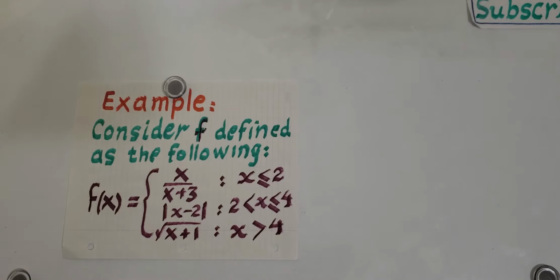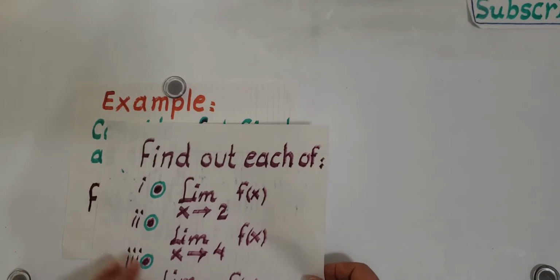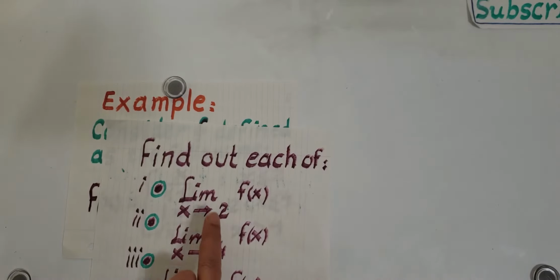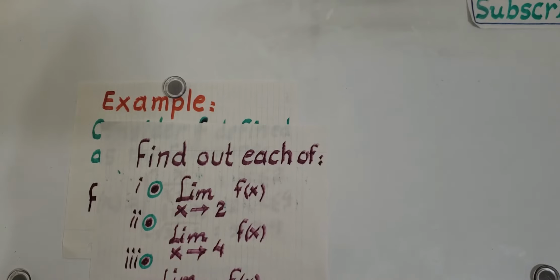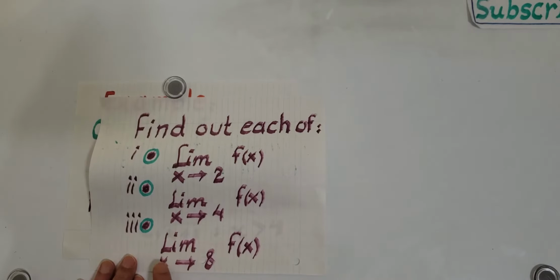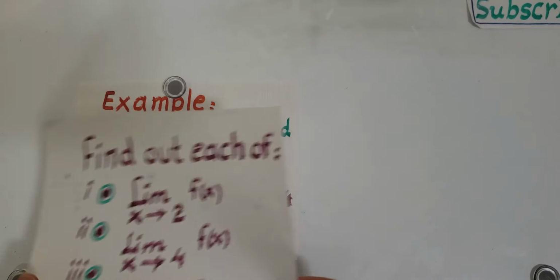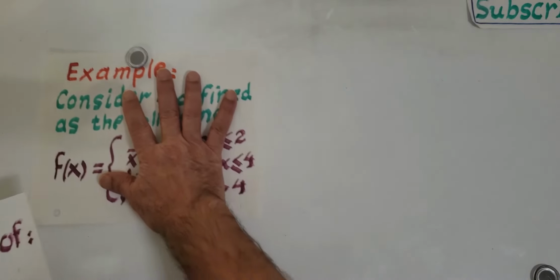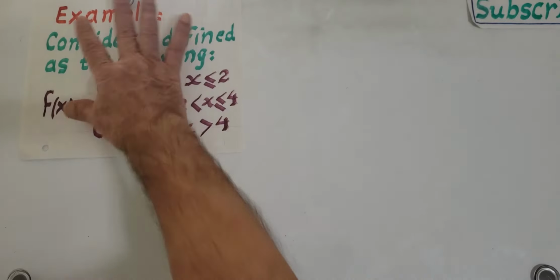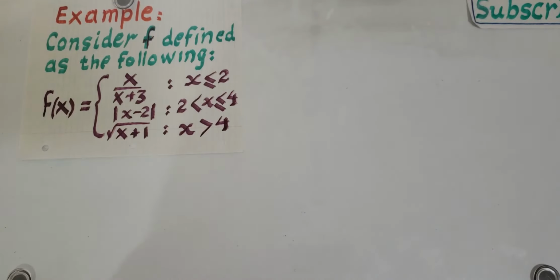And we need to discuss the limit for these three equations when x tends to 2, when x tends to 4, and finally when x tends to 8. Let us see what we will do to solve this example.